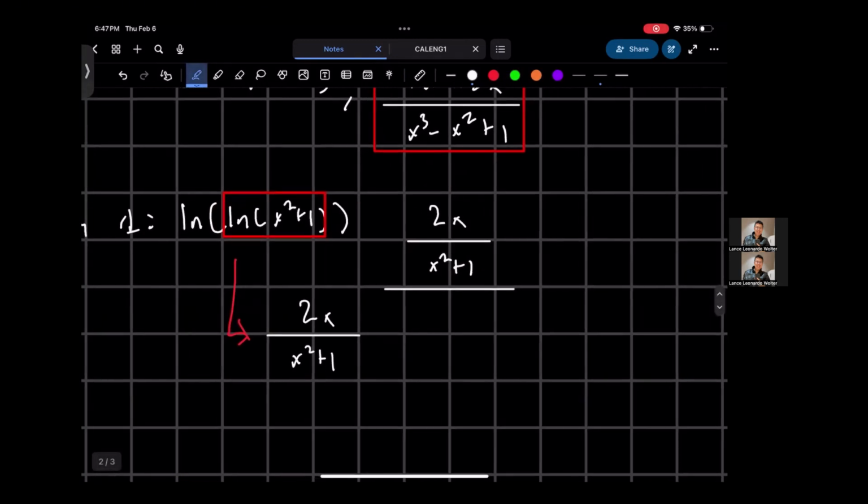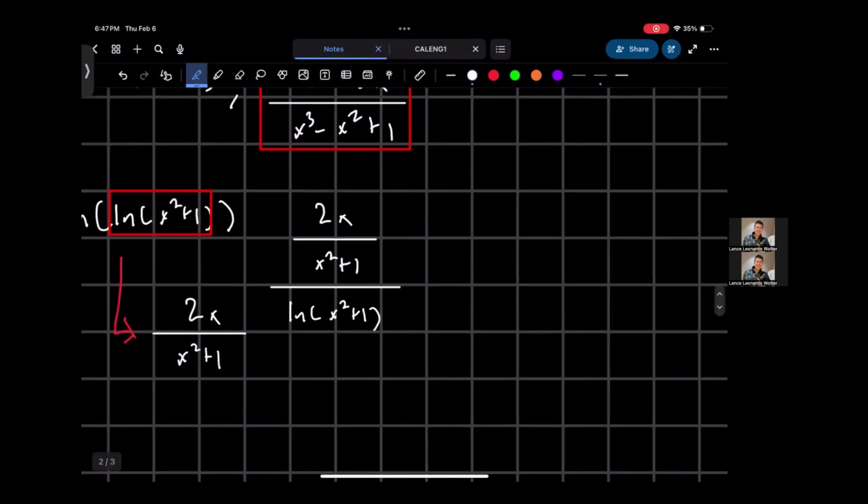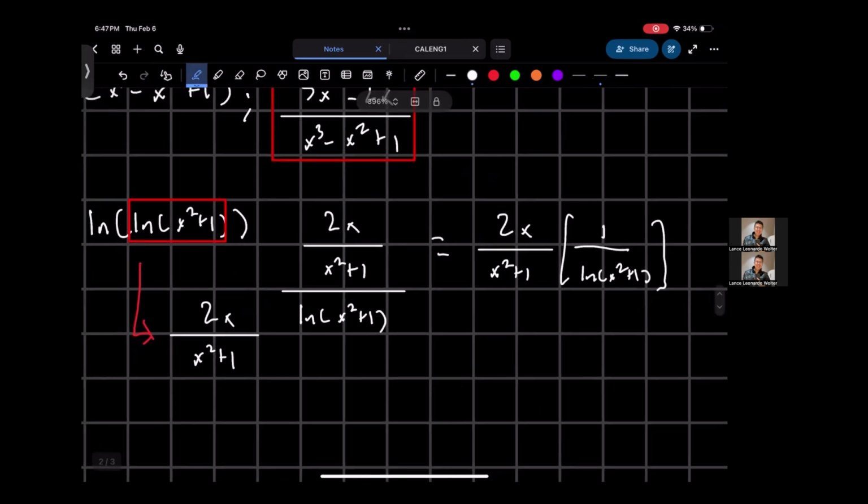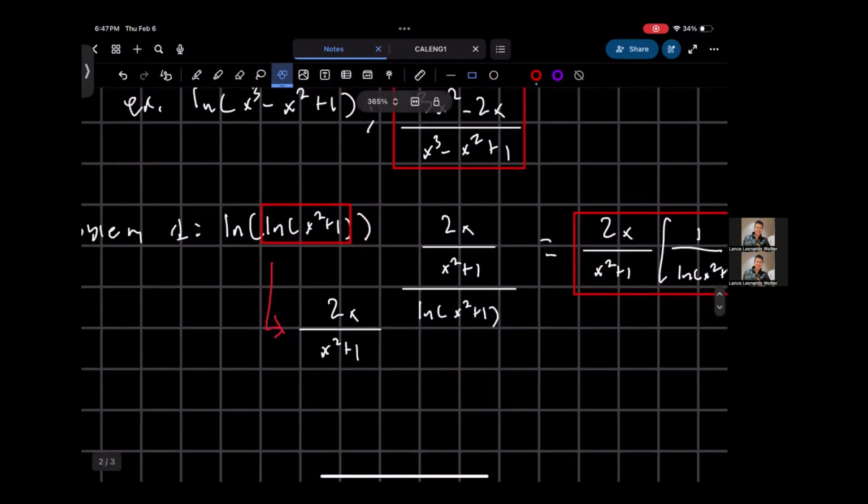So that will just be ln of x squared plus 1. And we can further simplify this. 2x all over x squared plus 1 times 1 all over ln of x squared plus 1. Okay, so this is our final answer. Okay?